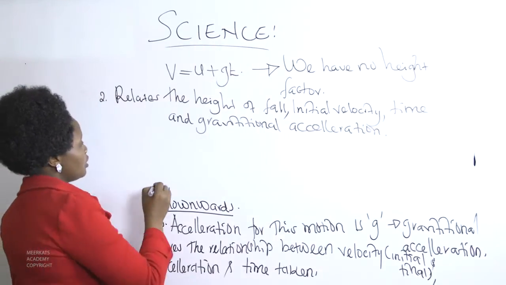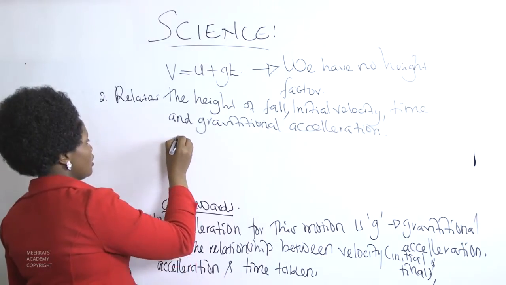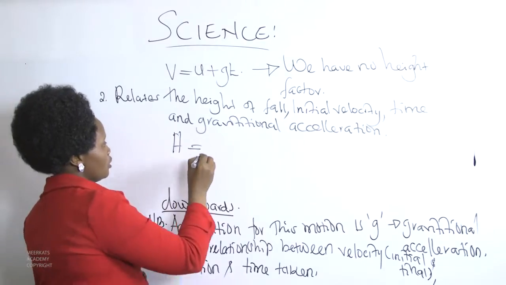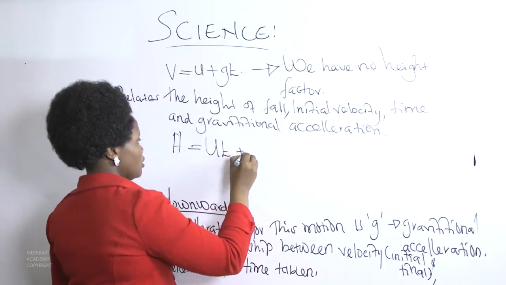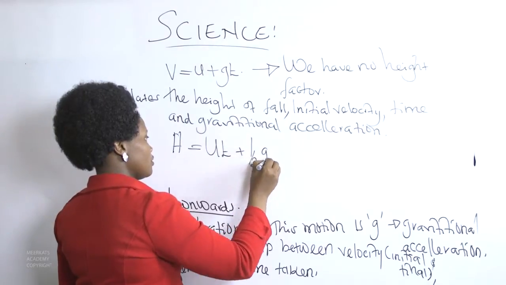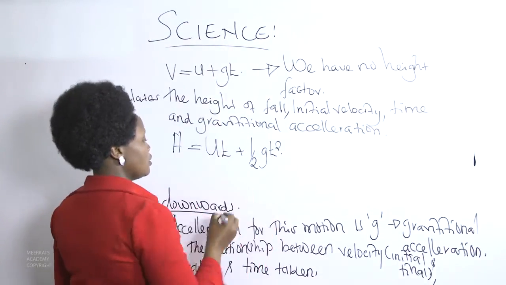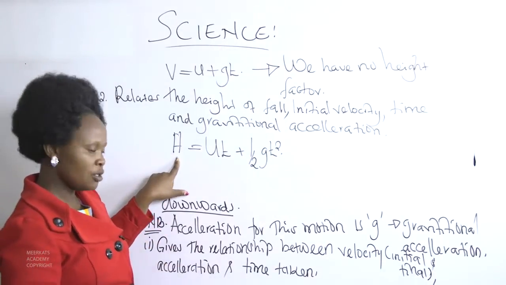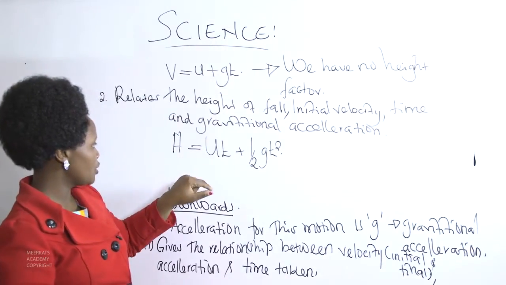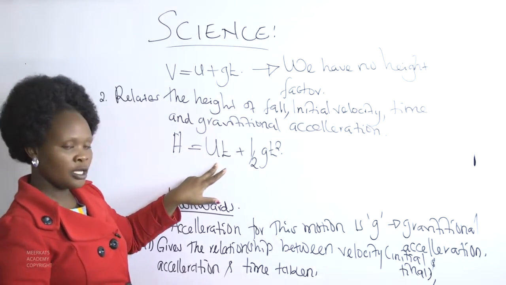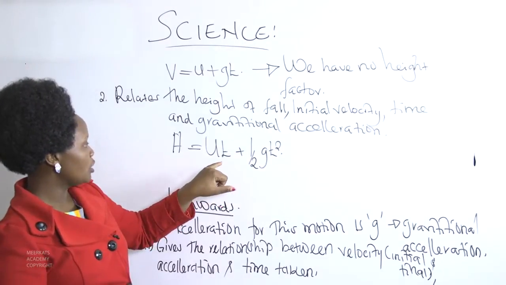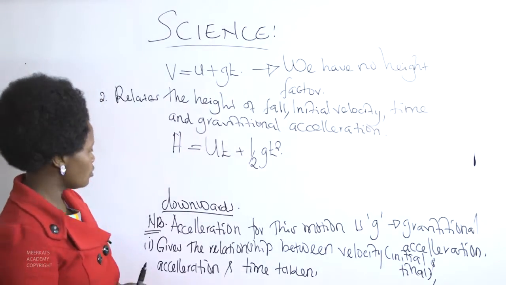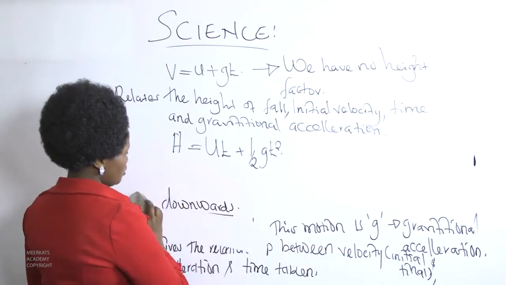Here, our equation now becomes h is equal to ut plus a half gt squared, where h is the height of fall, u is the initial velocity, t is the time taken, and g is the gravitational acceleration.